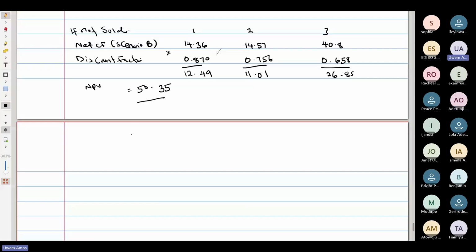So the decision: the project should not be abandoned, as it is more profitable to continue.